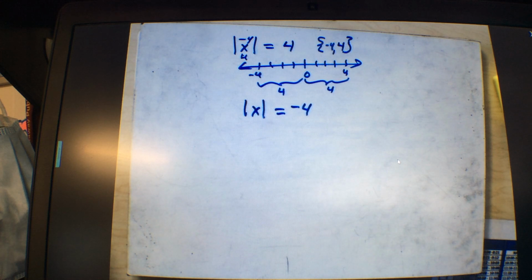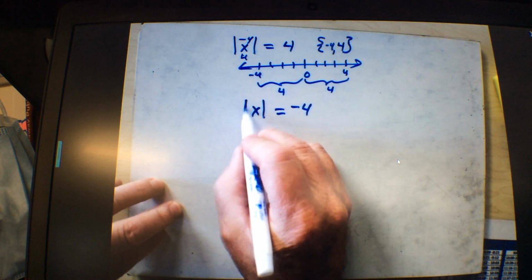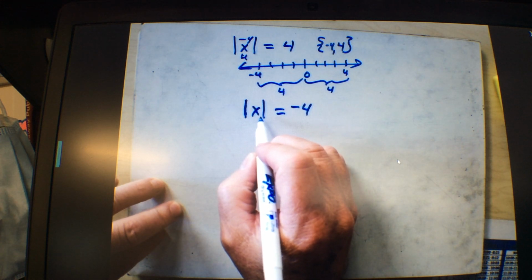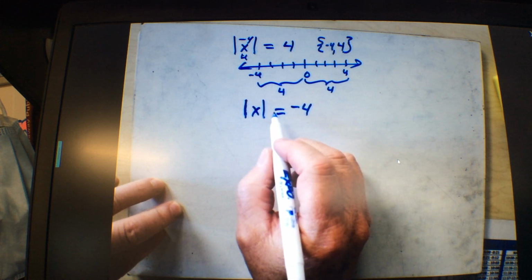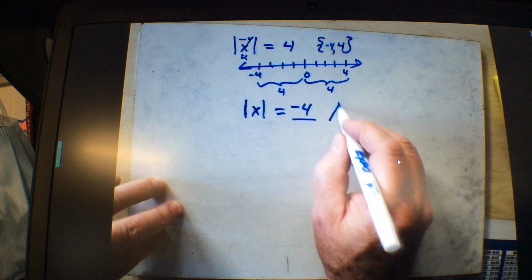No. What does absolute value mean? The distance a number is from 0. And distance is always positive. Can it be that?